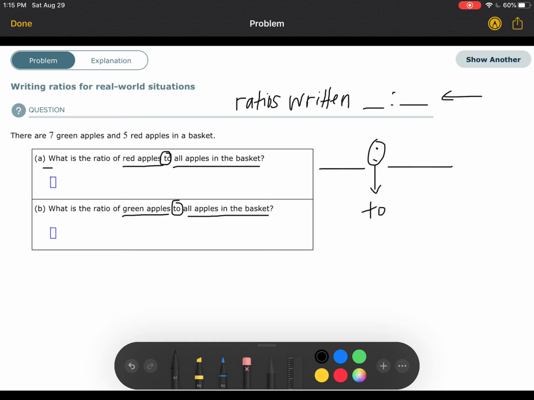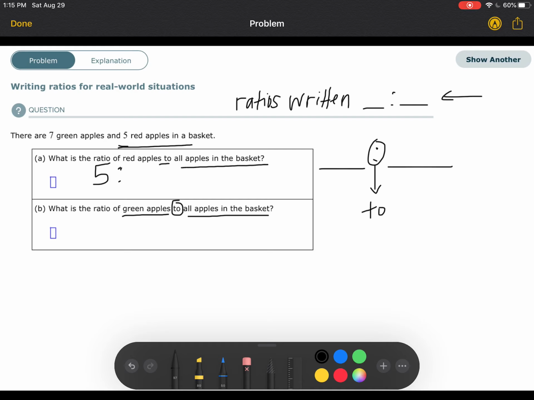So for the first question, it says, what is the ratio of red apples to all the apples in the basket? Okay, so I'm going to erase this. It's starting to look a little messy. So how many red apples do you have? Well, I have 5 red apples. So for this question right here, I would say 5, because that's how many red apples you have. And then it tells you "to," so make sure that the colon is there.